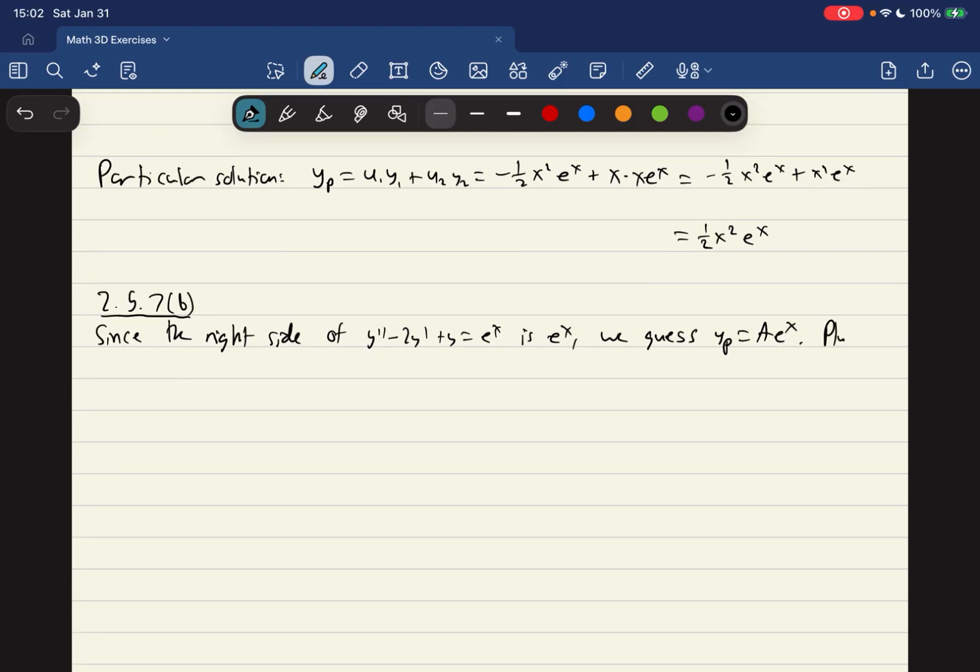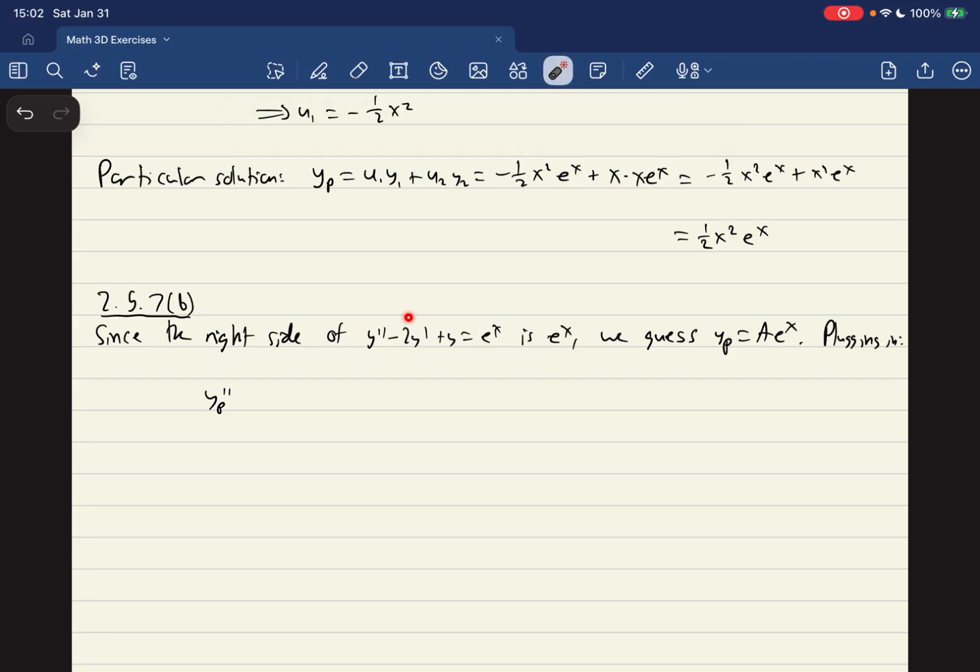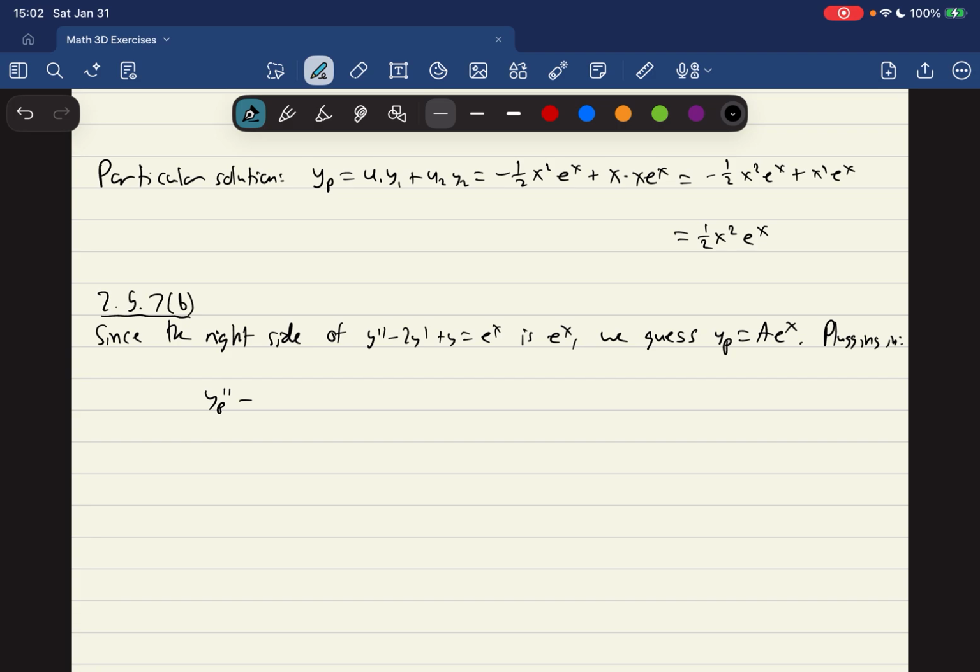If we plug this in to this ODE on the left side, this is going to be y sub p double prime minus 2y sub p prime plus y sub p.